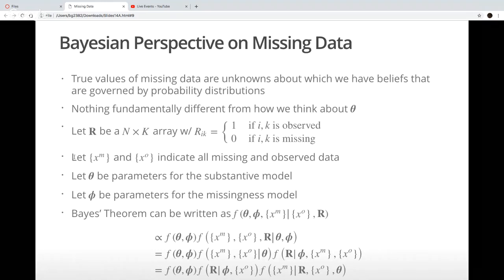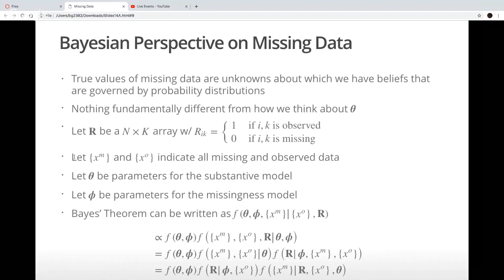And so this is very similar to how we were thinking about measurement error in a Bayesian context. Then the posterior distribution is of the substantive parameters theta, the less substantive parameters phi, and the true value of the missing data, conditional on the observed data and conditional on R. That is what makes this a little bit different from the Bayesian analysis we've been talking about previously, implicitly assuming that all the data were observed.